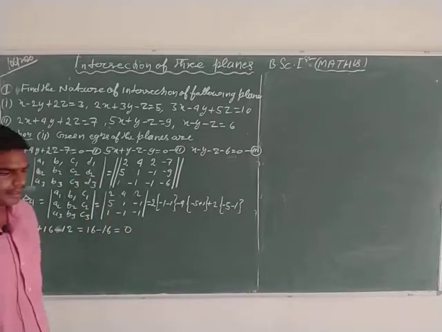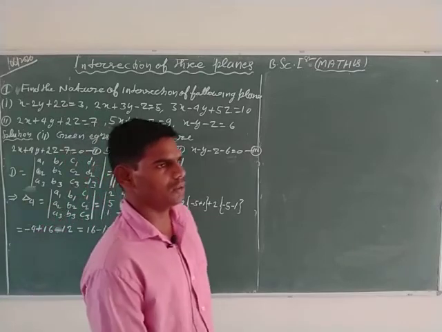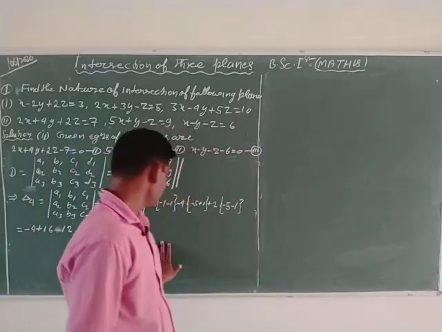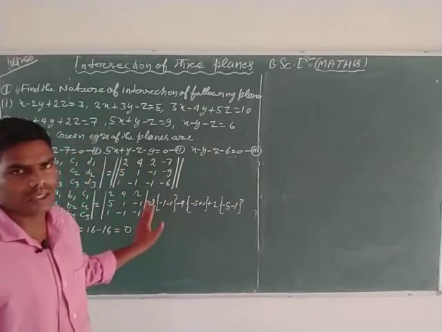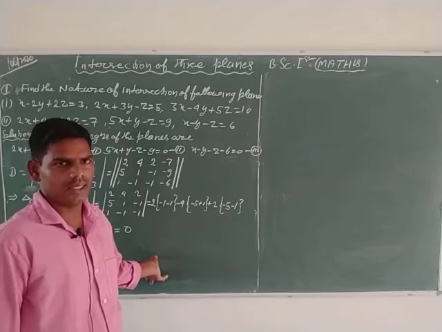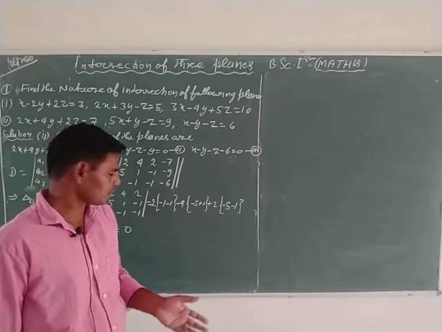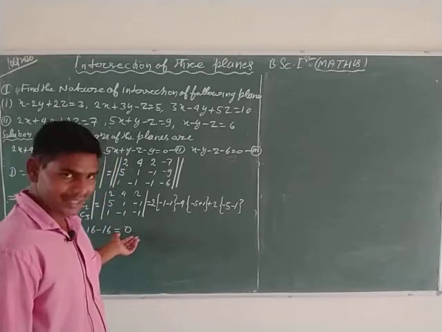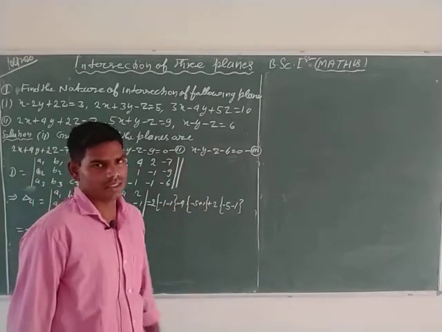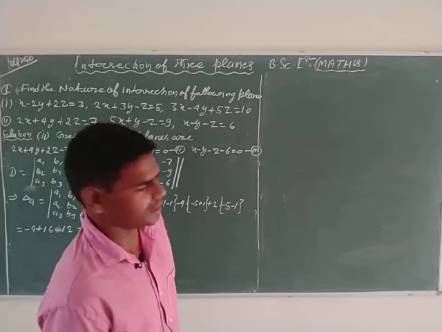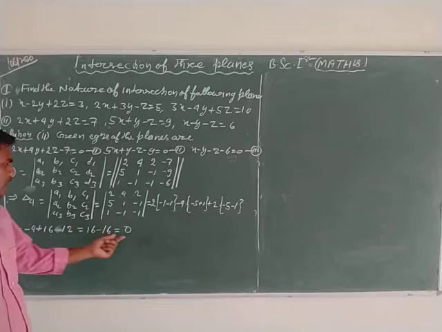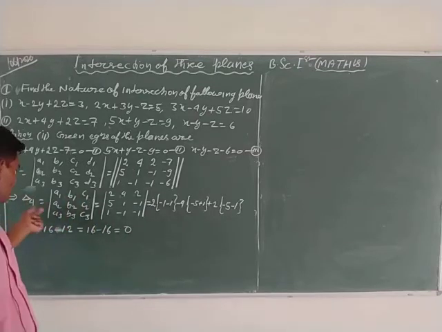So in this case the value of delta 4 is equal to 0, which means the intersection of the given planes is a triangular prism or a common line, but it's clear that the intersection of the three planes is not a point, because the condition for a point is delta 4 not equal to 0, but here delta 4 is equal to 0.